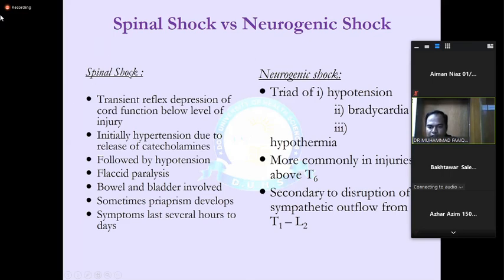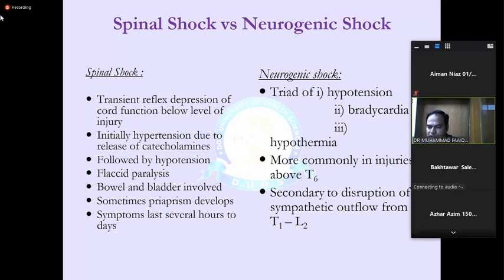After sustaining a spinal cord injury, the patient develops transient loss of spinal cord function, resulting in flaccid paralysis, sensory loss, and areflexia, for a short time period, sometimes minutes, sometimes hours, but rarely a few days.